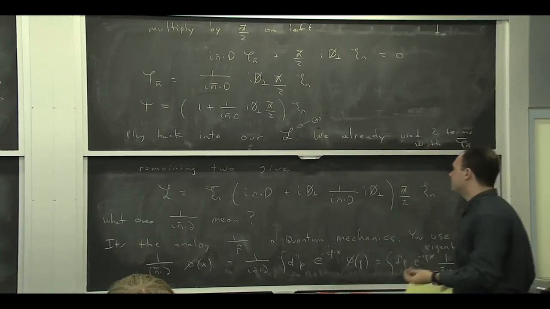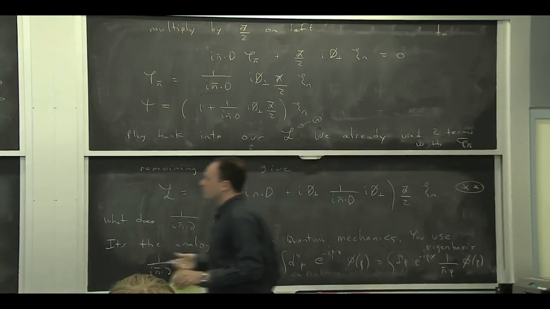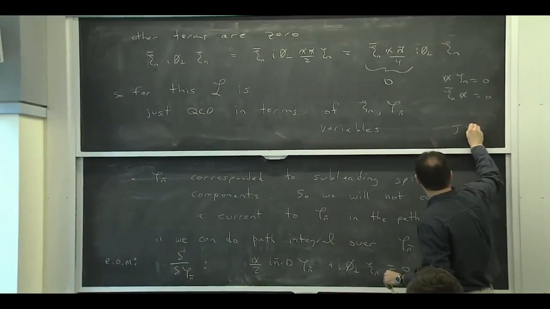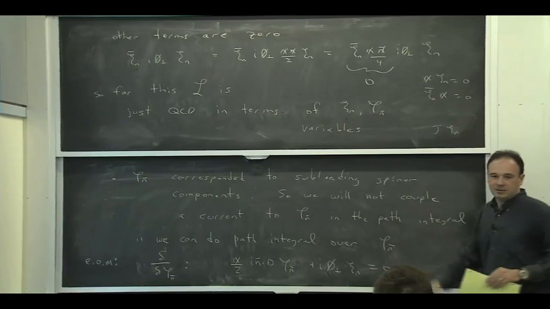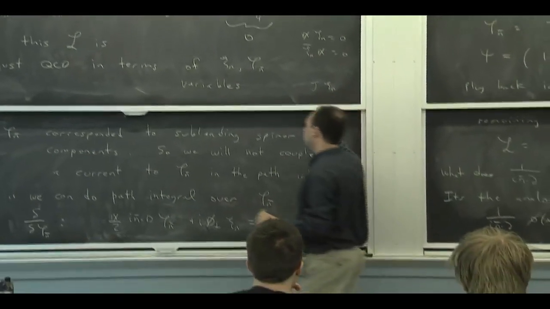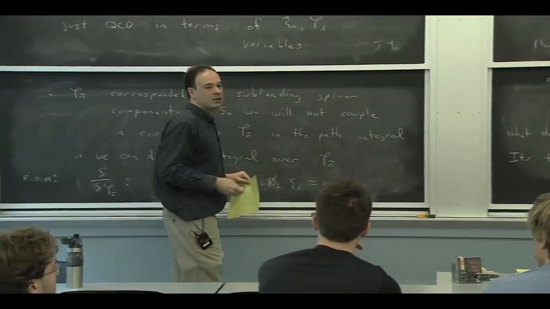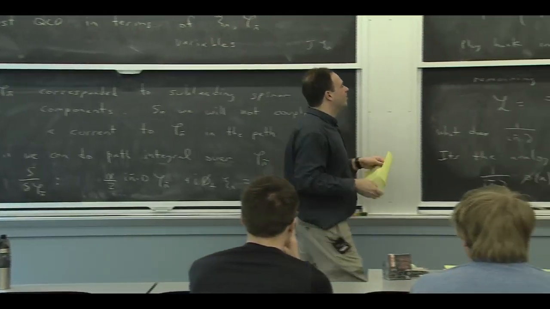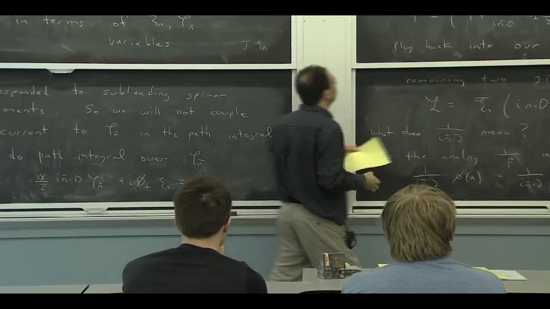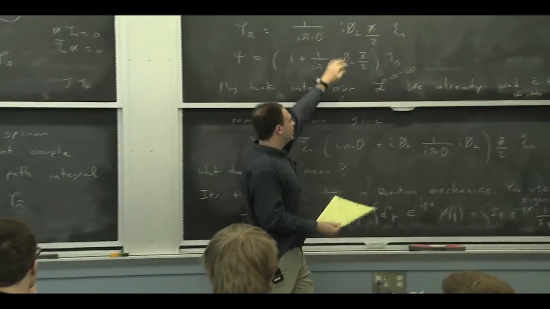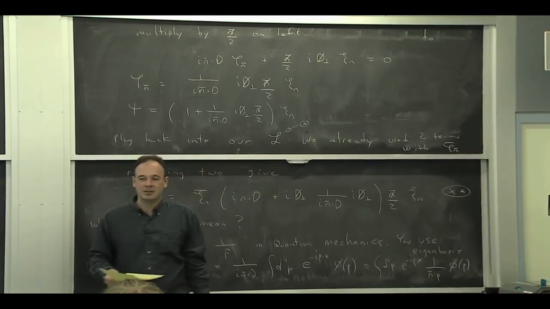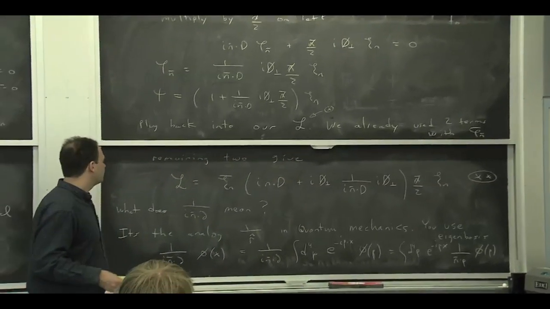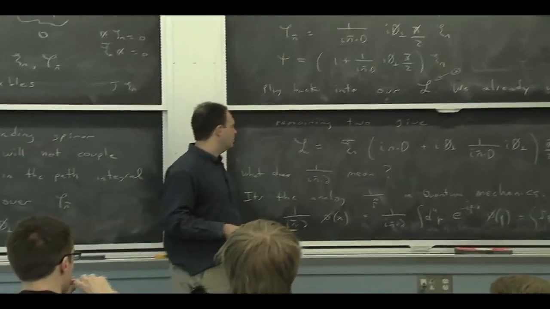If I really demand that I'm only producing CNs and I just have a term like J CN, and I don't have this phi n bar, then it's something different, because I'm not directly able to produce these guys. But if I allow myself also to couple to this combination here, then I can do everything in terms of these CN fields and really just QCD.